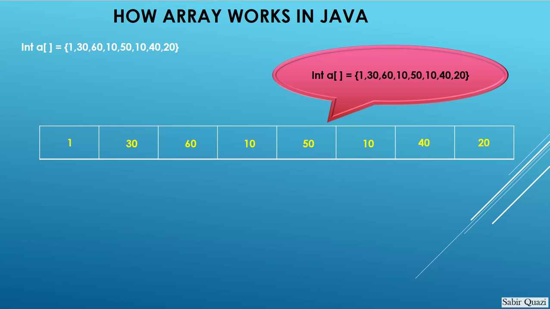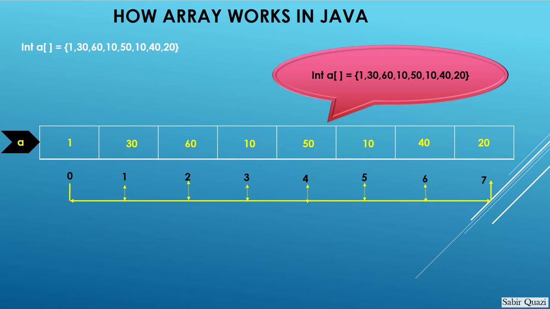Now every variable in our earlier example has a separate name, and similar to that, every block in an array is identified with an integer number, and that number is called the index of the array. So we can see here in this picture 0, 1, 2, 3, 4, 5, 6, 7.